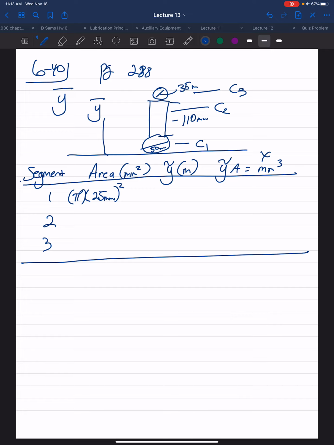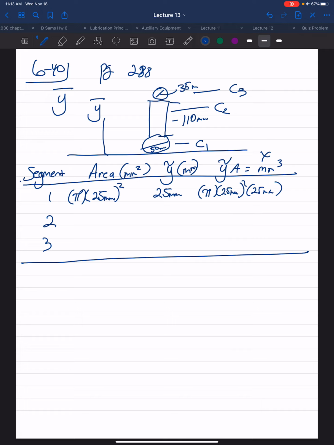So that would be 25 millimeters, not meters, millimeters. So then our y wavy bar A would be that area times 25 millimeters. We'll give you millimeters cubed.